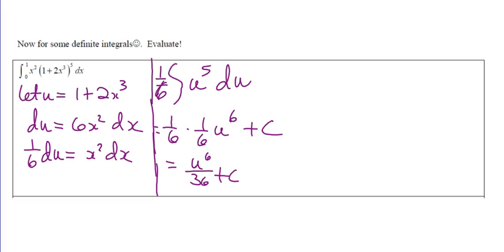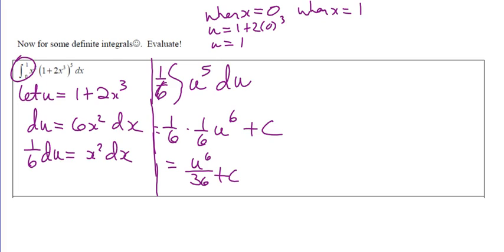So now we go a little aside. When x equals 0, what's u equal to? Well, u is 1 plus 2x cubed, so u is 1 plus 2 times 0 cubed. u is 1. What about when x equals 1? We're looking at the bounds of the integration now. x goes from 0 to 1.